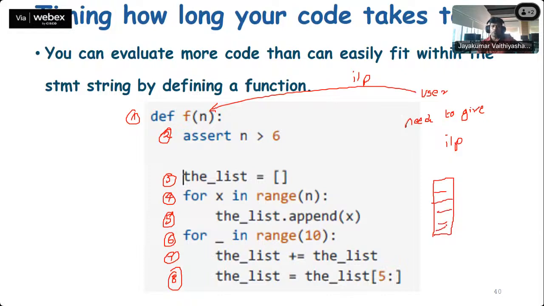Okay, we don't know how many elements there are in the list. Suppose you are giving input as 8, what it will do, it will create a range of 8 variables. Your list size will be 1 to 8. So this is the meaning. Suppose you are giving 9, your list size will be 9.